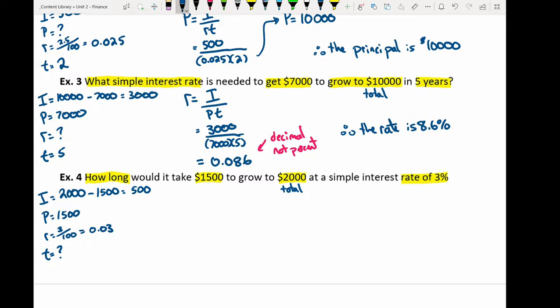Have everything filled in except for one piece, which is good. So we're solving for T, and go back up, look at the triangle, or the formula that we had written down. I divided by PR, $500 divided by $1,500 times 0.03, or $500 divided by 45.